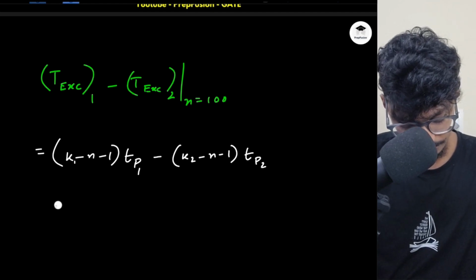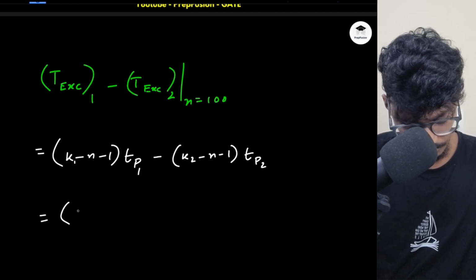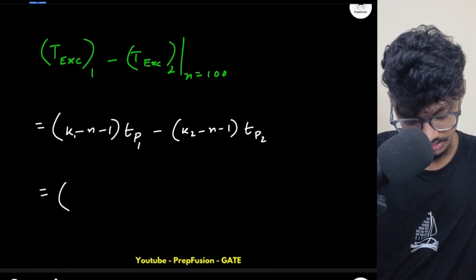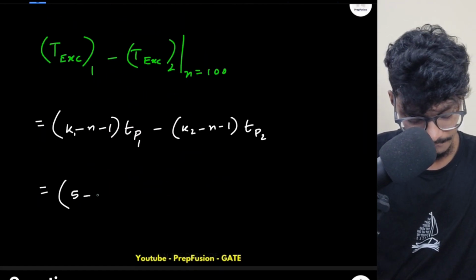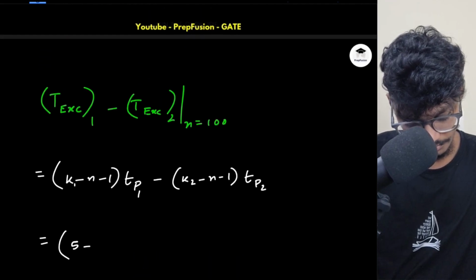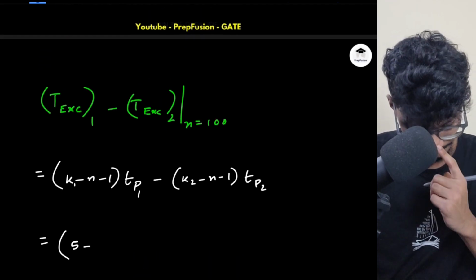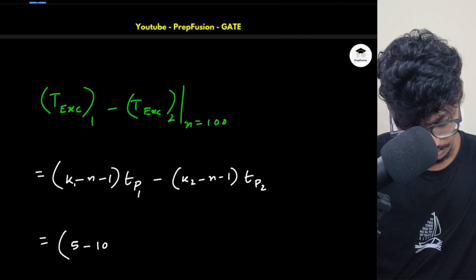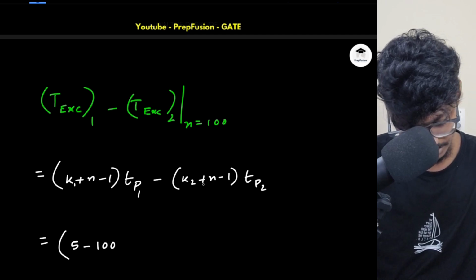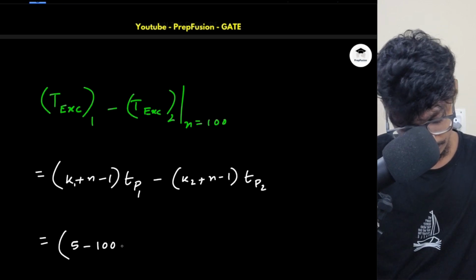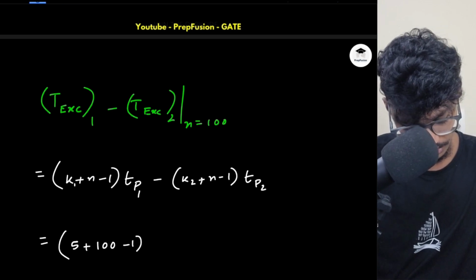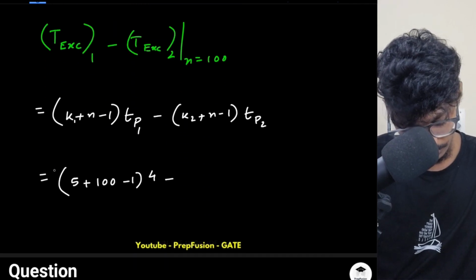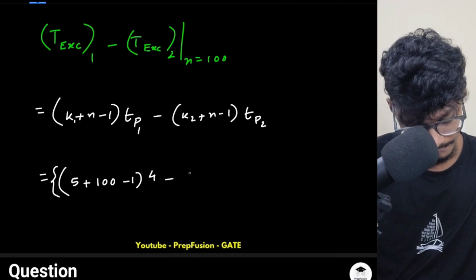So this will be equal to K1 is 5, plus n, n is basically 100. Sorry, this will not be minus, this will be plus. Right? Sorry, plus 100 minus 1. What is TP1? TP1 is 4 nanoseconds, correct? Minus, all this is in nanoseconds only.